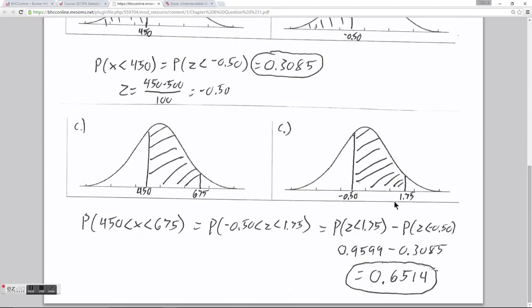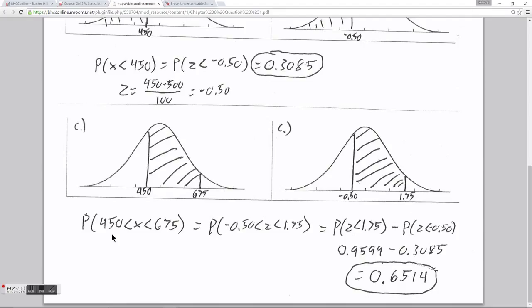In part C, I'm asked to find the probability that a student scores between 450 and 675. That would be this middle region right here. To get that area, I'm going to use the standard normal curve and find the area between z is negative 0.5 and z is 1.75.